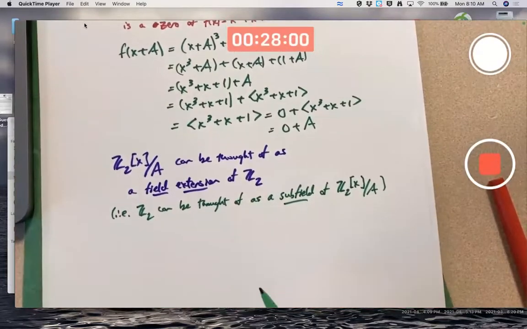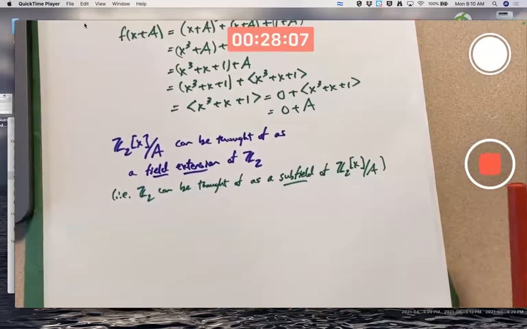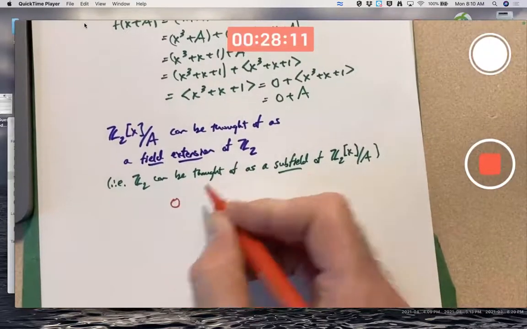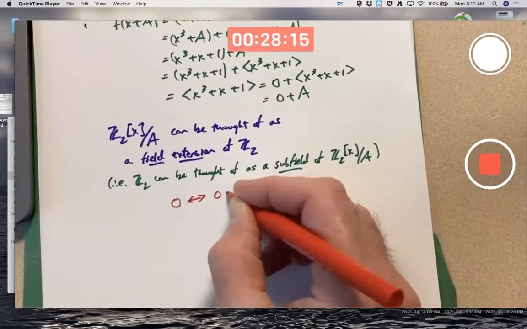And what do I mean can be thought of? Well, thought of after making a certain natural identification. Essentially, think of 0 in Z2 as being identified with 0 plus a.